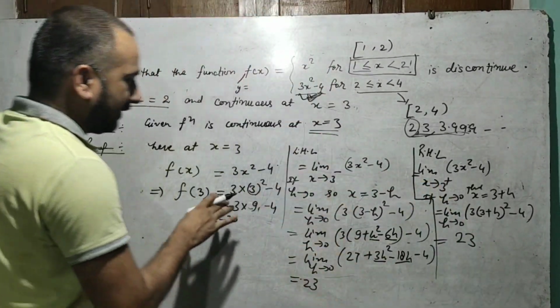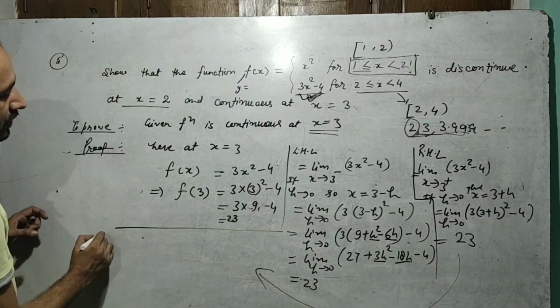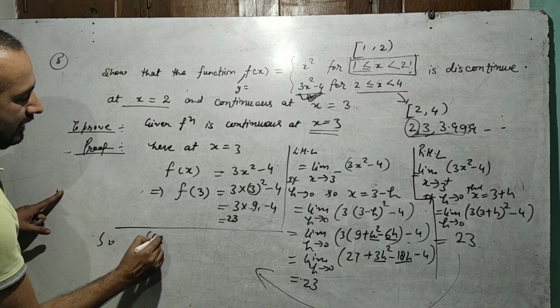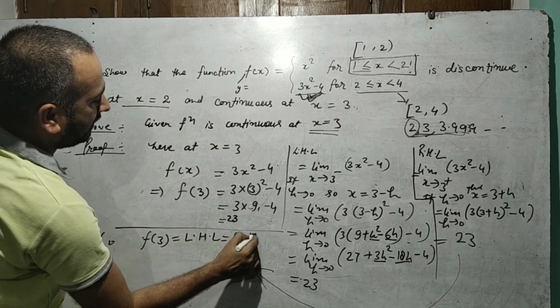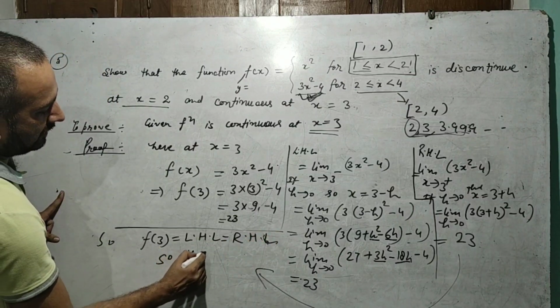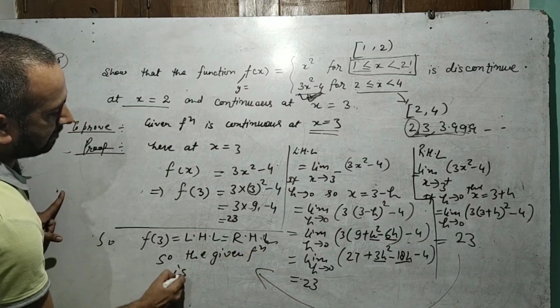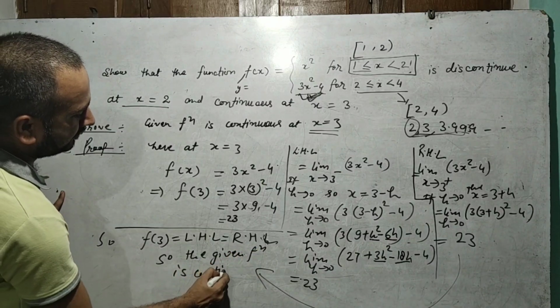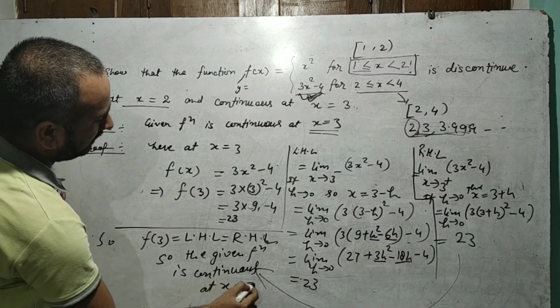We have proved here that f of 3 is equal to the left hand limit, which is equal to the right hand limit. So the given function is continuous at x equal to 3.